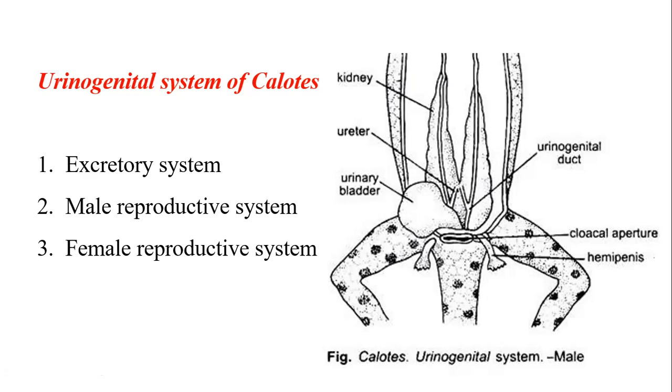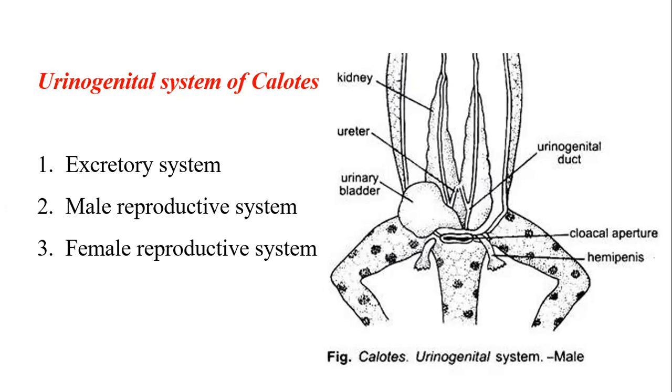Now each kidney, as in other animals also, has uriniferous tubules as its functional and structural units. Each uriniferous tubule consists of Bowman's capsule, glomerulus, renal tubule, and collecting tubule.